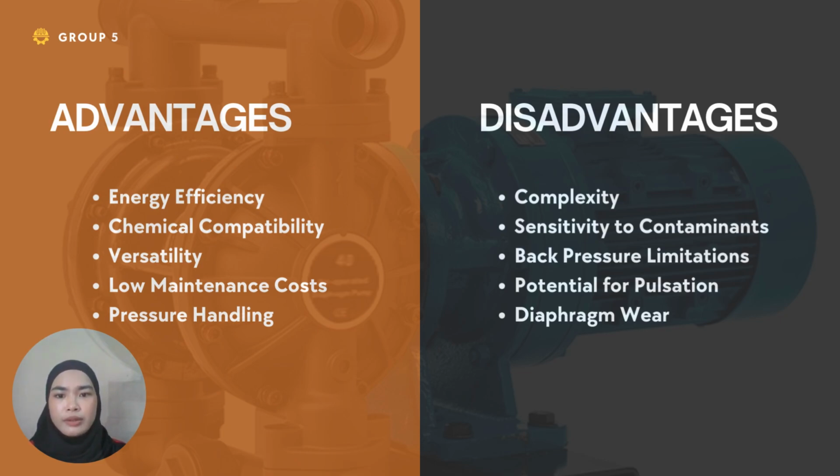They are well suited for pumping corrosive or damaging liquids, as they minimize the risk of leaks when properly maintained. They are also versatile, because diaphragm pumps can handle a variety of fluids, including those with solids and slurries, making them applicable in industries like chemical processing, wastewater treatment, and mining.